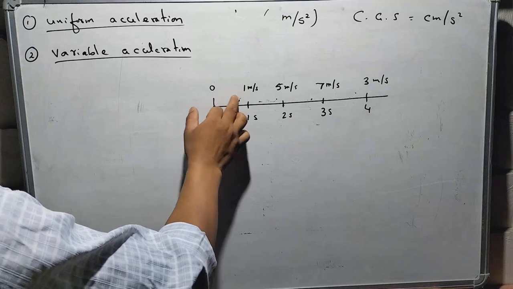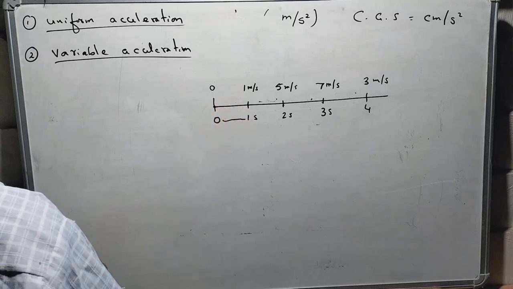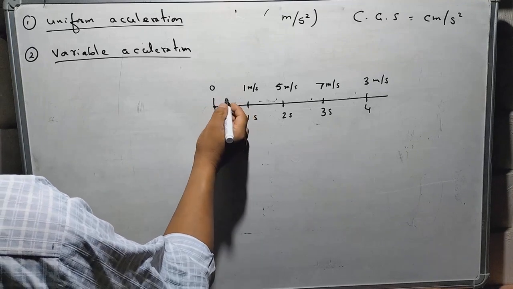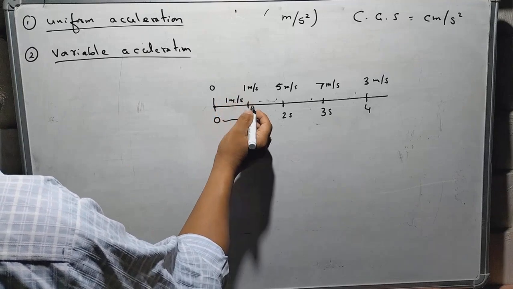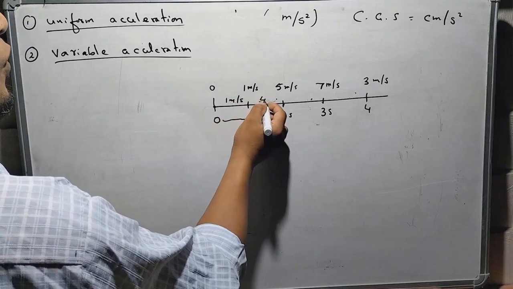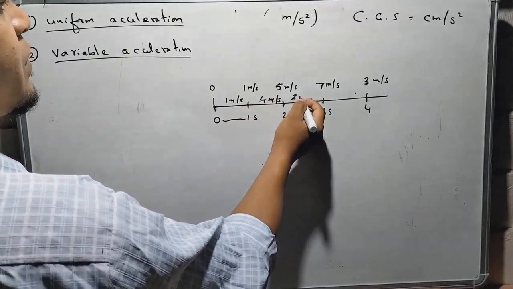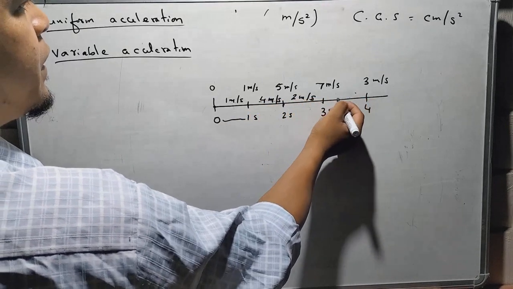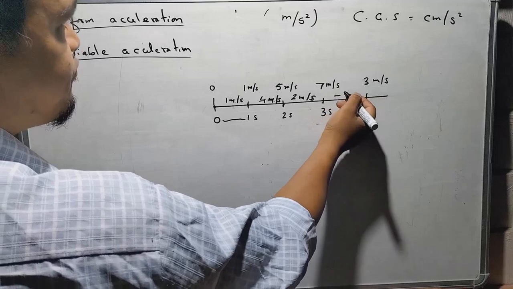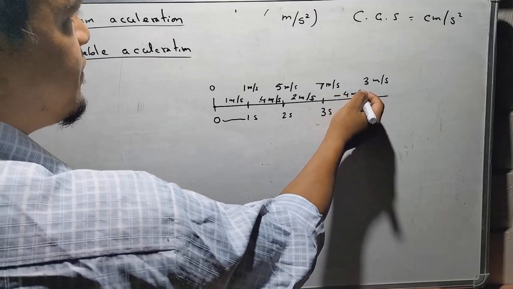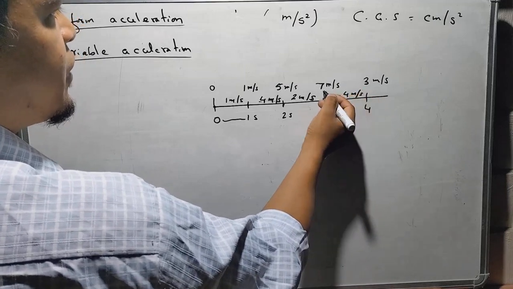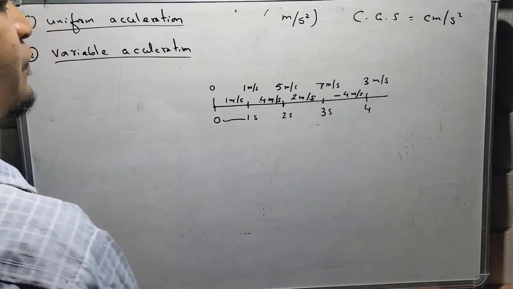So what is the difference between any 2 points here? The difference between this point and this point is 1 meter per second. The difference between these two is 4 meter per second. Between these two it is 2 meter per second. Here it is minus 4 meter per second, because final is 3 and initial is 7, so when you subtract, you get minus 4.